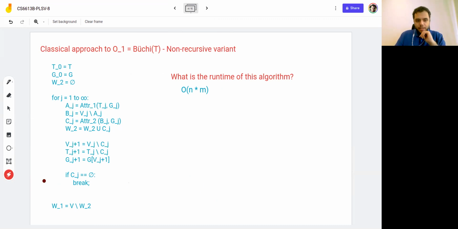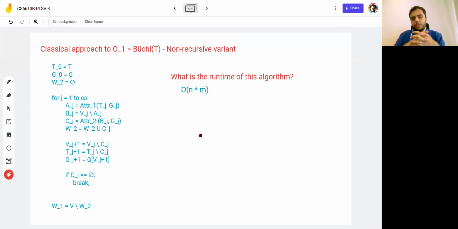And we also analyzed the runtime of this algorithm and realized that the runtime is order n times m. And here again, n is the number of vertices in our game graph, and m is the number of edges. Now, the main problem that we're going to look at today is how to improve this, how to basically reduce this runtime.